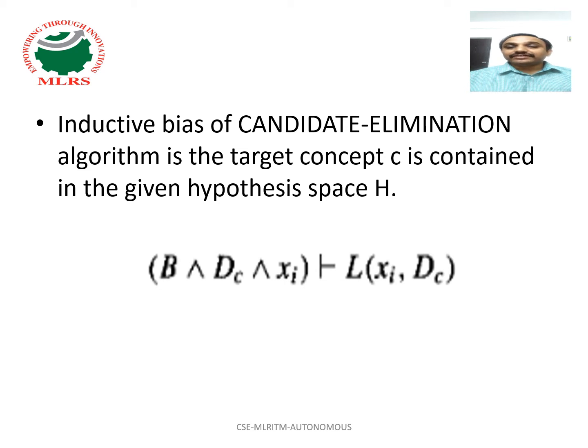That L is the algorithm you are using, the learning process you are following. So L of xi comma DC is provable from B conjunction DC conjunction xi. That is true for all instances. Whatever the final hypothesis you are getting, that is true for all the instances in the given example.